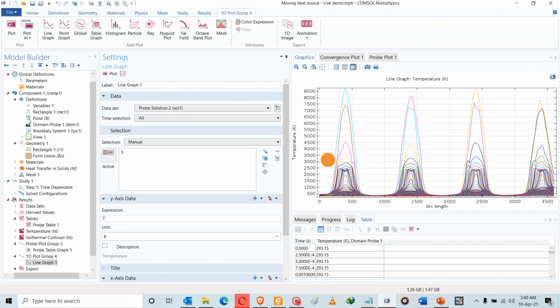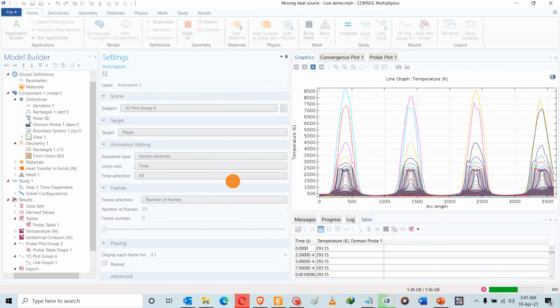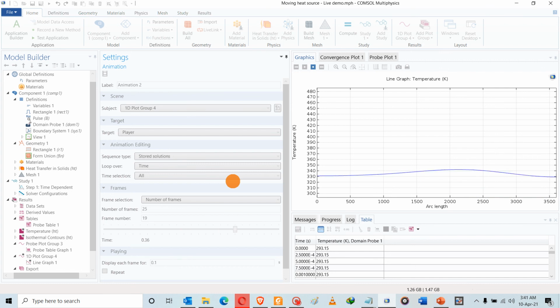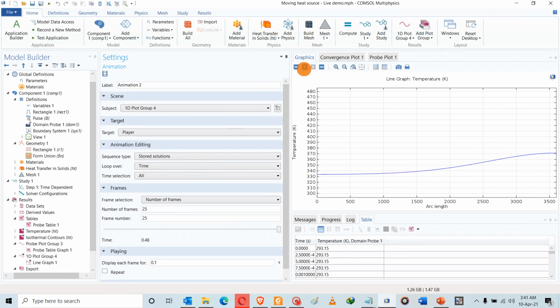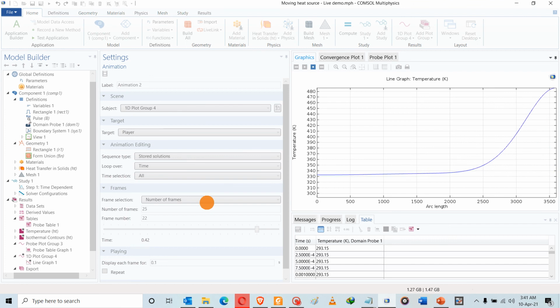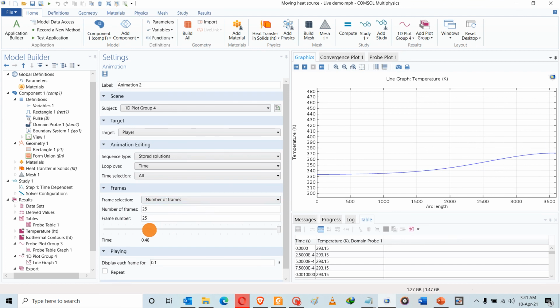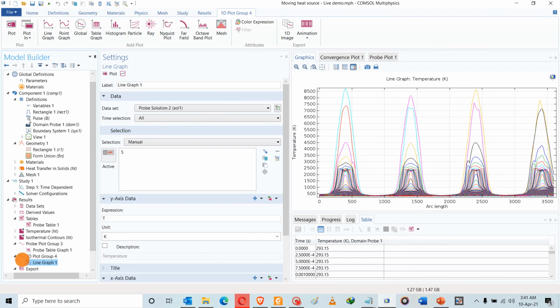Interesting. So you could see that on a line plot the pulses are not overlapping. You see the spacing between the pulses. Is this animatable? It is, yes. Either way, it's showing us that you have different laser pulses landing on the surface.